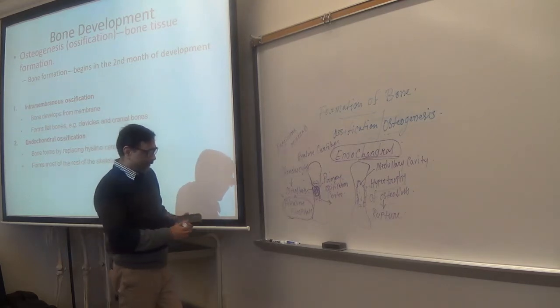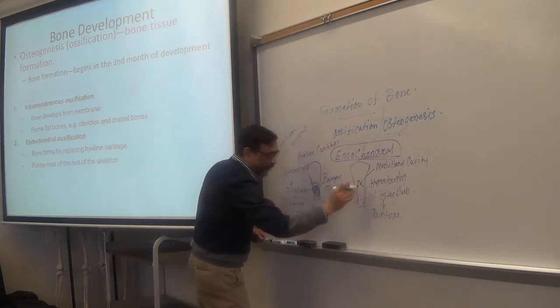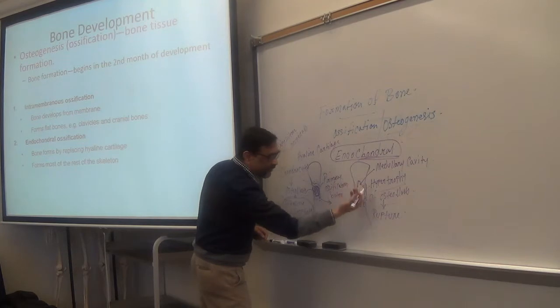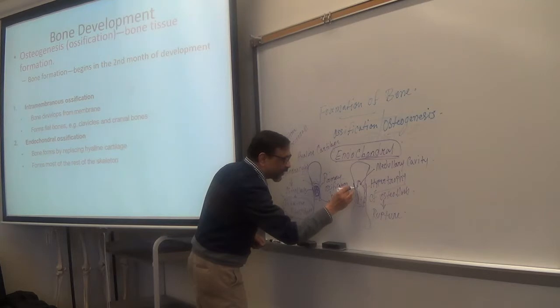And that's the formation of the medullary cavity, and around the shaft of this cartilage or newly formed bone, what will happen? Osteogenic cells. You know that osteogenic cells are the stem cells.